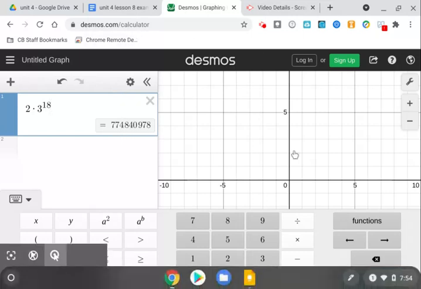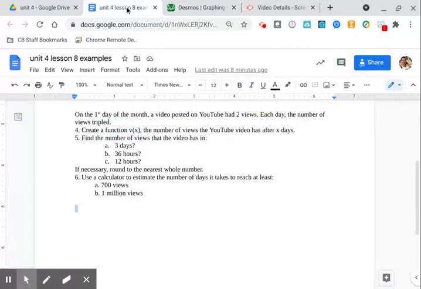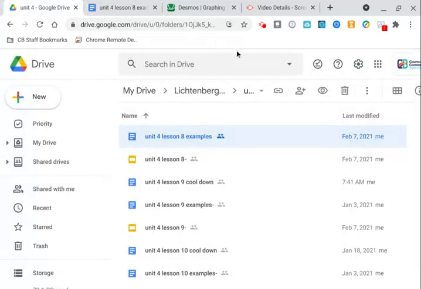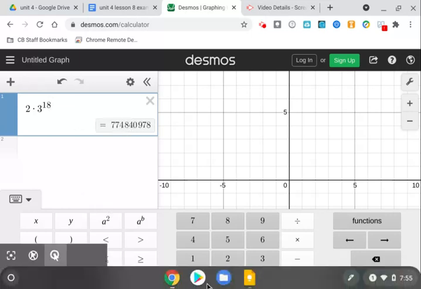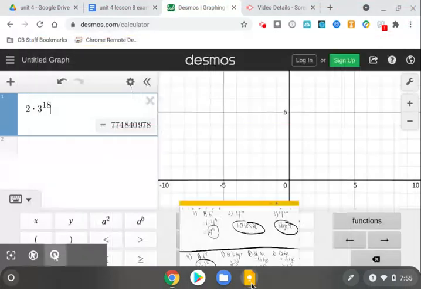So to estimate the number of days to reach at least 700 million views, after day 17 we're at 258 million, and after day 18 we're at 774 million. So it's going to take at least 18 days.